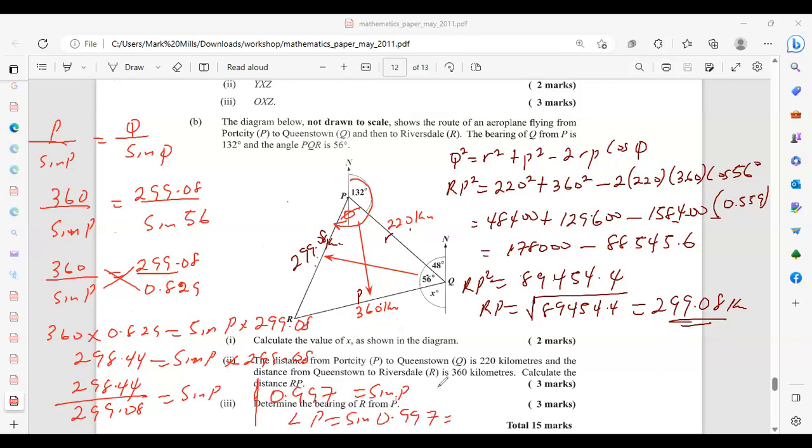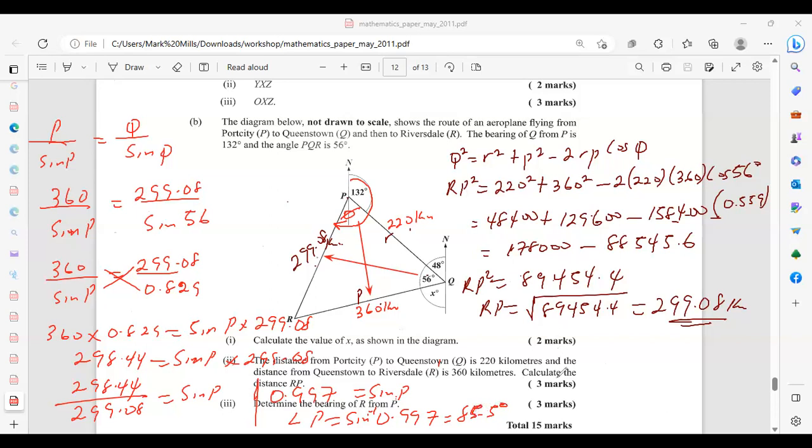What do we get? What is sine inverse of 0.997? 85.5 degrees.